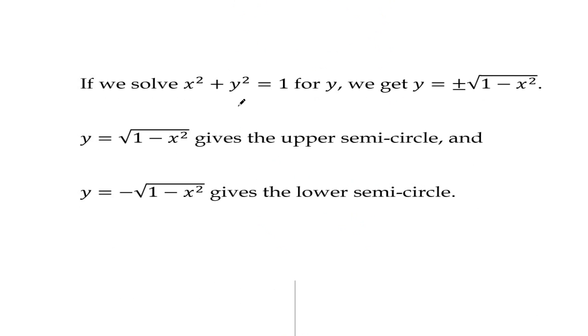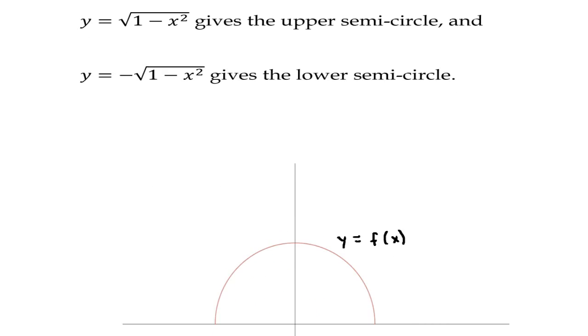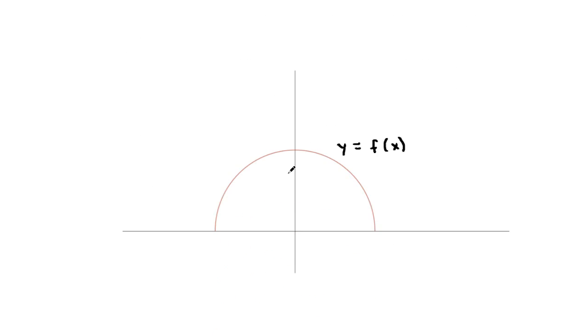If we solve x squared plus y squared equals 1 for y, we get y equals plus or minus square root of 1 minus x squared. y equals square root of 1 minus x squared gives the upper semicircle, and y equals negative square root of 1 minus x squared gives the lower semicircle. We'll focus on the upper semicircle as our function. So here's the upper semicircle, and y equals f of x.